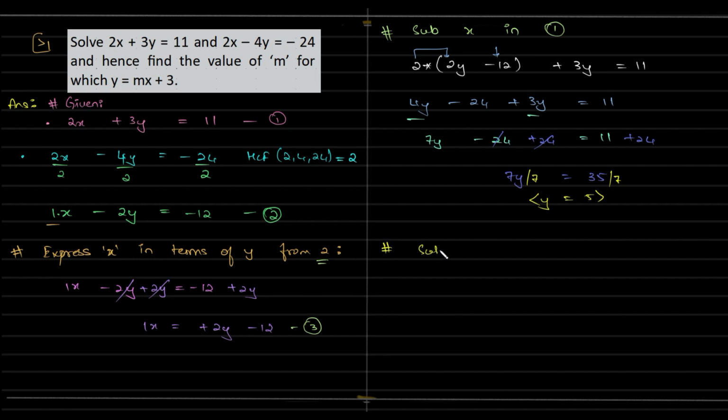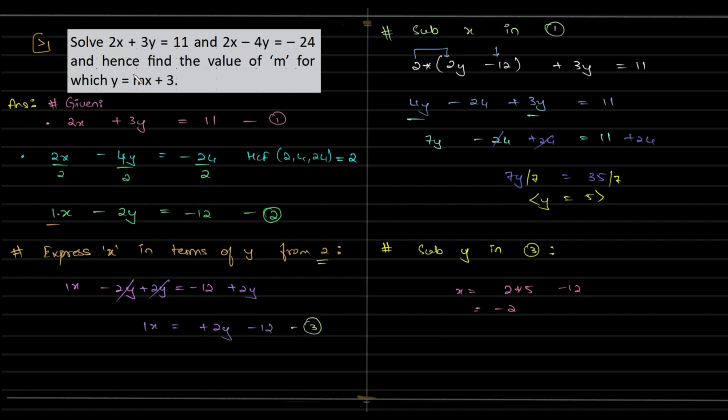Then substitute y in equation 3. So we have x to be equal to 2 times 5 minus 12, which is minus 2. Let's verify this. Minus 2 is equal to 2 into 5 minus 12. Yes, LHS is equal to RHS. We got a true statement.